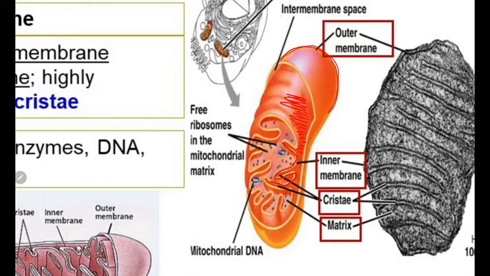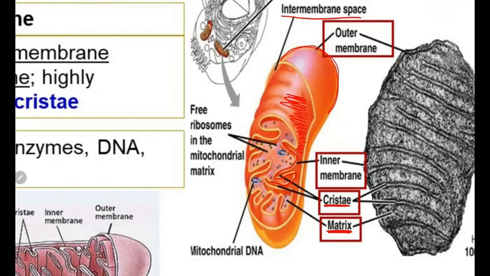Intermembrane space. Other than that, the inner compartment of the mitochondria, bahagian dalam dia, the inner compartment is called the matrix. The highly folded part of the inner membrane of the mitochondria is called cristae.